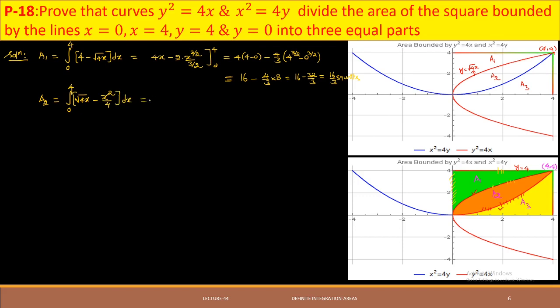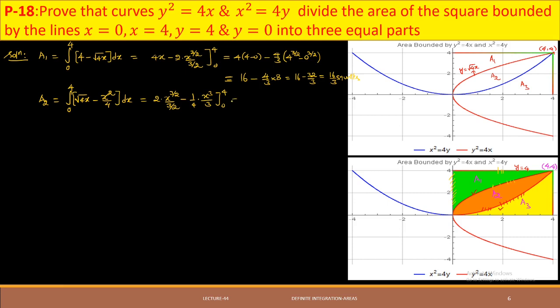dx. So upon integrating, root 4x can be written as 2 into root x, whose integration is x to the power 3 by 2 by 3 by 2, minus 1 by 4 into x cube by 3, in the limits 0 to 4.